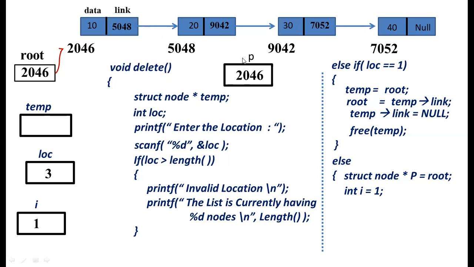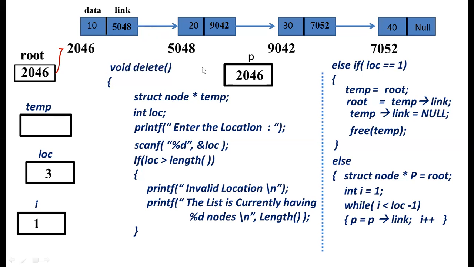So while I less than LOC minus 1, we need to collect the p2 link value into p. Then we need to increment the I value. So what is the p2 link value? The p2 link value is 5048. So that 5048 needs to be collected into p, and the I value we need to increment.